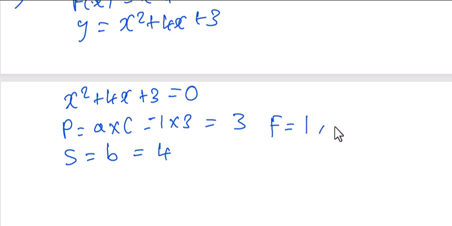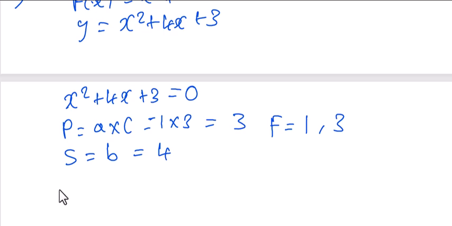If we multiply 1 by 3, we get 3, and 1 plus 3 gives us 4.